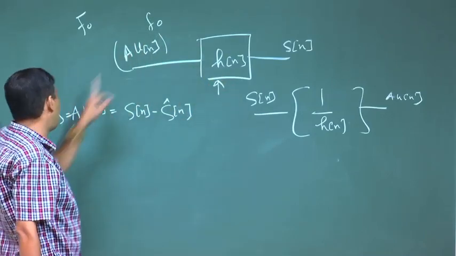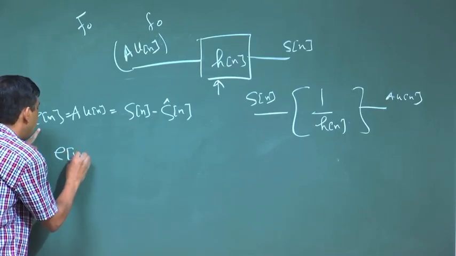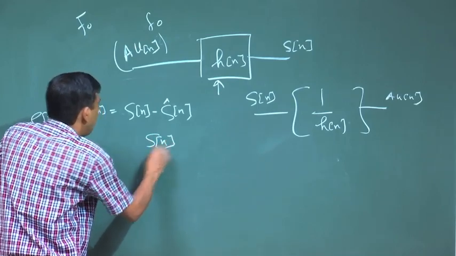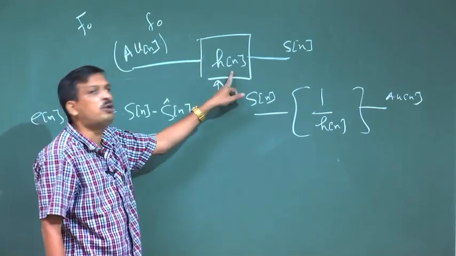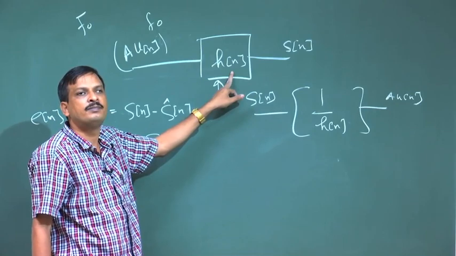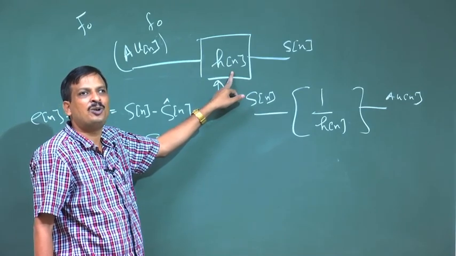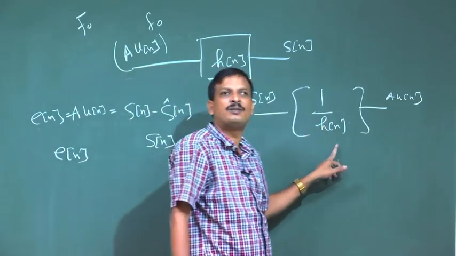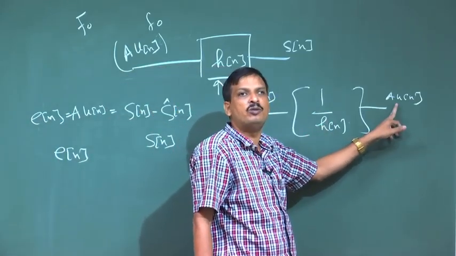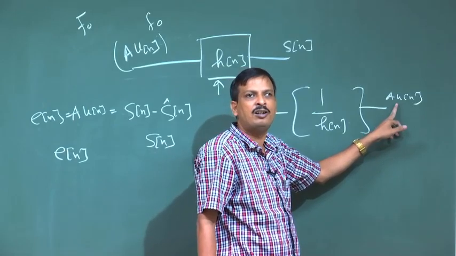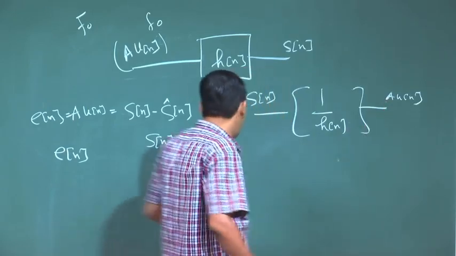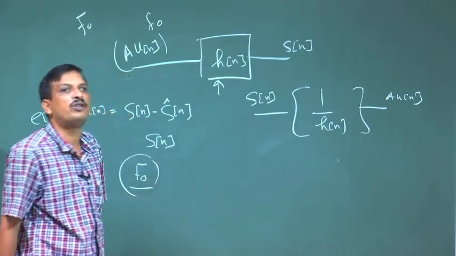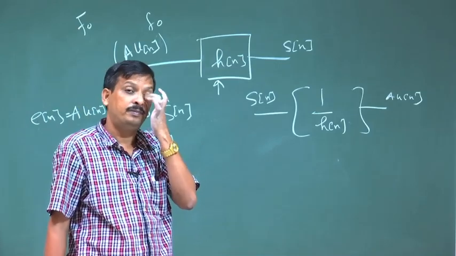So, I can extract the F0 from the error signal, instead of using the speech signal s(n), which has a lot of variation introduced by H(n). So, instead of taking s(n), I can pass s(n) to an inverse filter to get u(n), which is the error signal of the LPC analysis. From the LPC error signal, I can find the F0 value using autocorrelation. Is that okay?